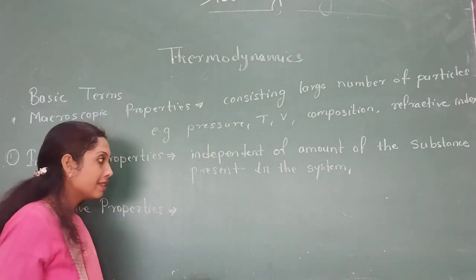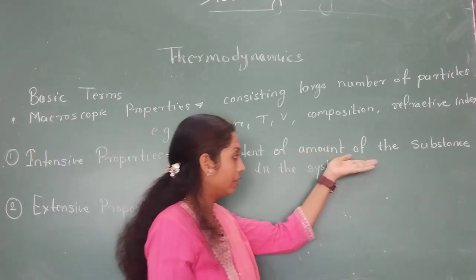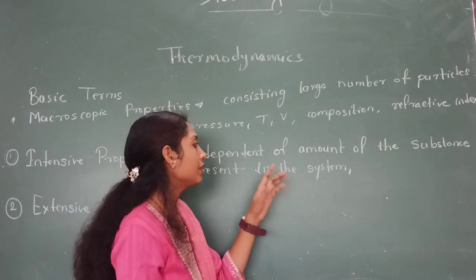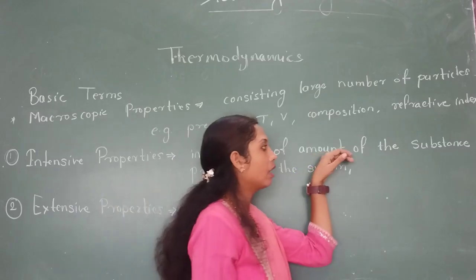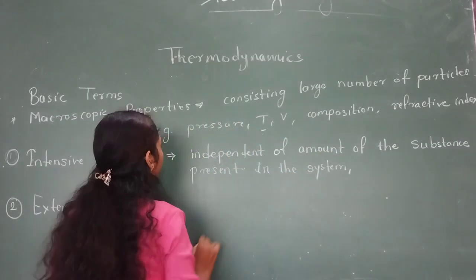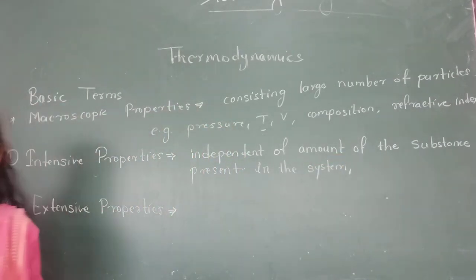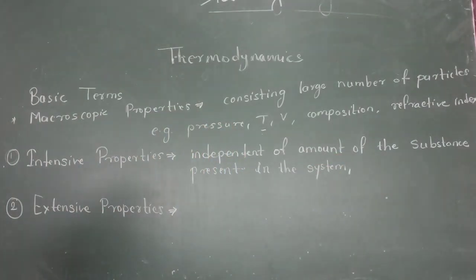Means these are the properties which do not depend upon the amount. For example, temperature, refractive index. These properties do not depend on the amount of the substance.